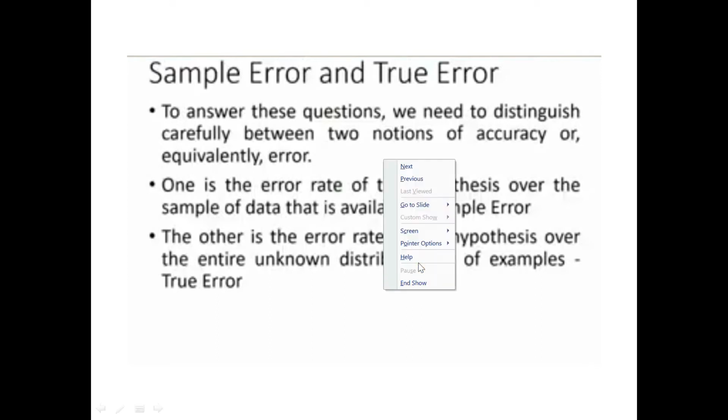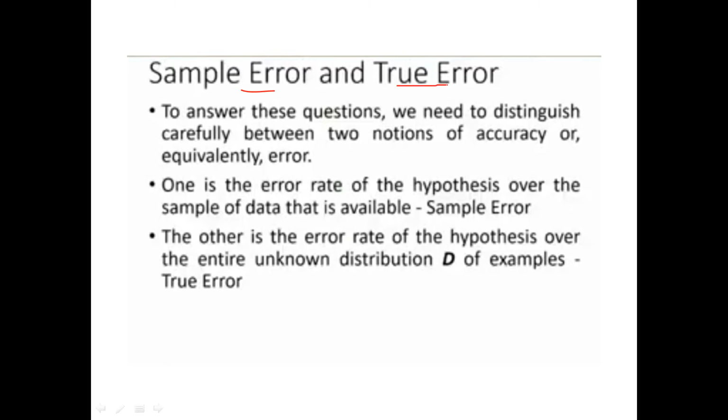So now we are going to talk about this error. What is this error? Especially, we are going to define two types of error. One is called a sample error and the other one is called a true error. To answer this question, we need to distinguish carefully between two notations, when you are trying to answer about the errors. There are two important notations of accuracy.